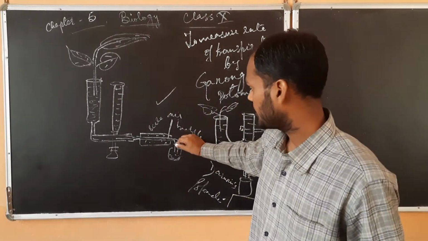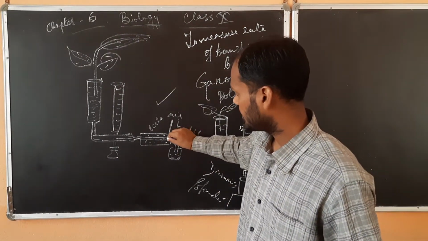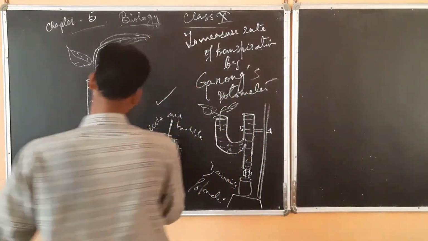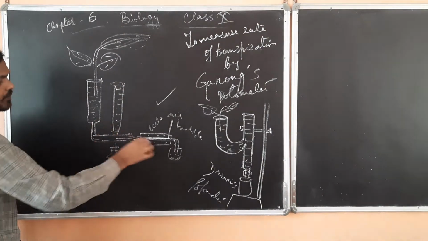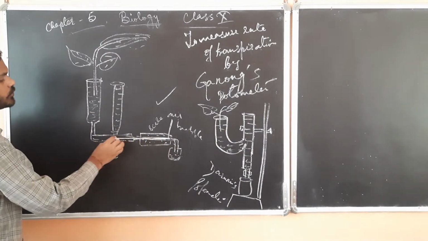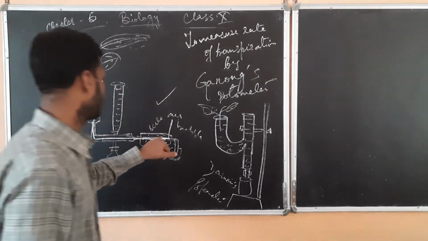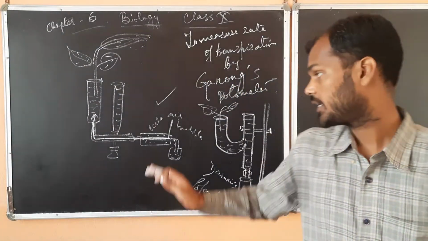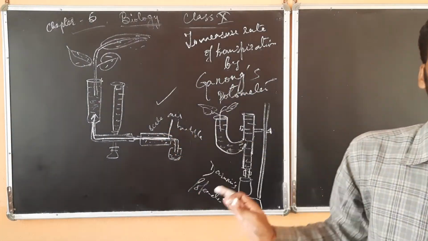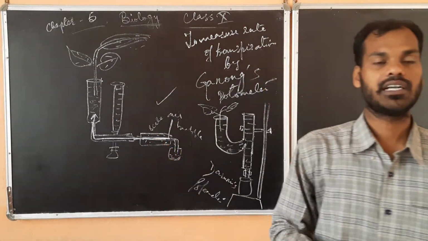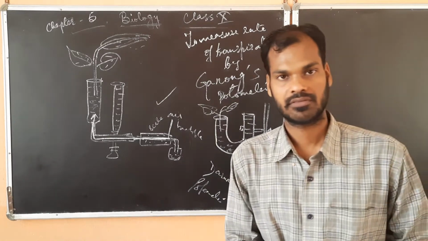When the transpiration is occurring from here, water will be carried out to this side, so this water along with the air bubble will move some distance. That distance is counted and measured.